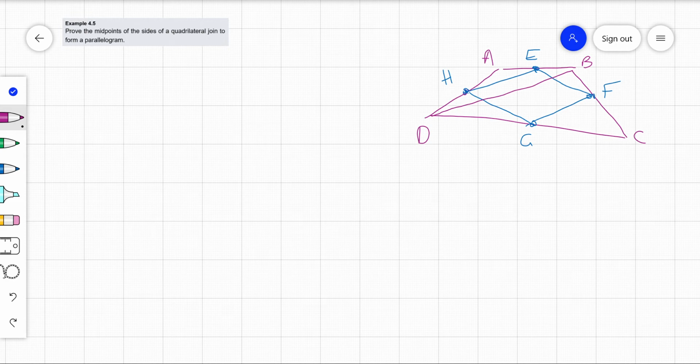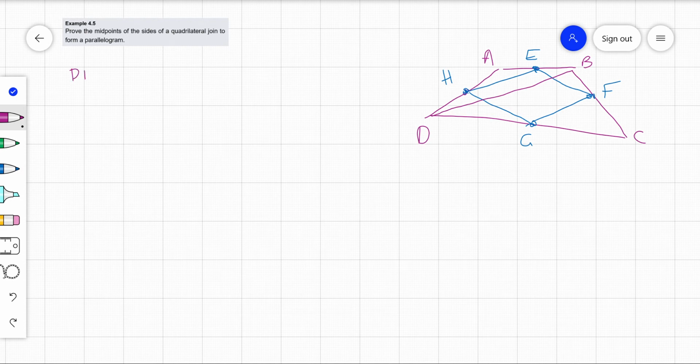So let's start off, you need to write that down too. We've said in our quadrilateral ABCD, the midpoints of the four sides are E, F, G, and H, as shown in my picture. And we've constructed a diagonal DB. First of all, let's look at what DB is in terms of the other purples, as it were.